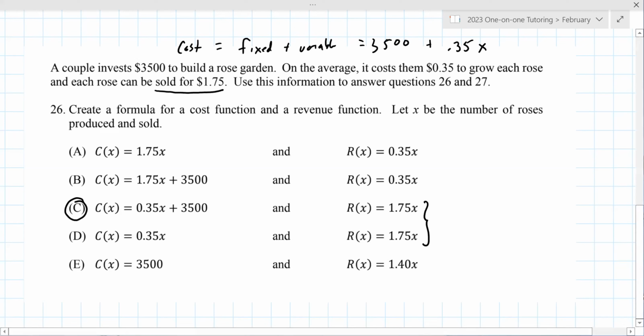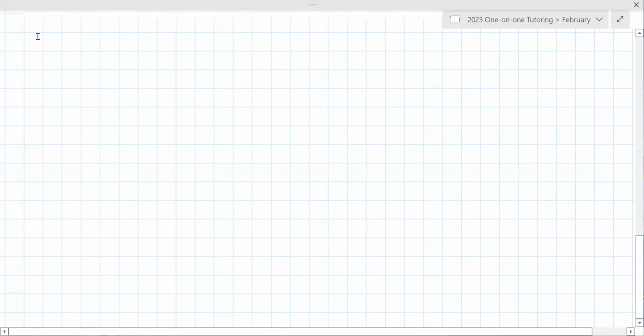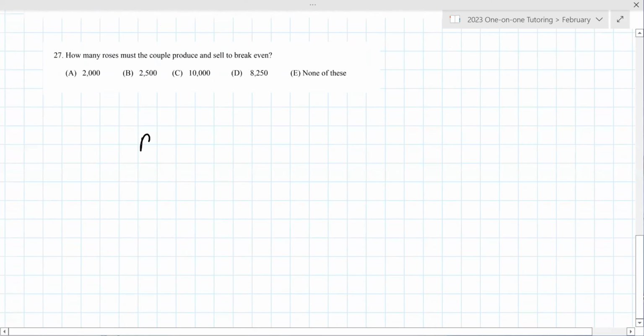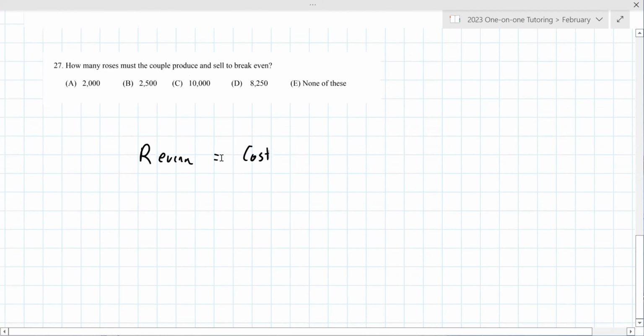Okay. And then I guess we'll finish off 27 too. 27, yep. Okay. So this idea of break even, if you're in business, you understand this. Your break even is when your revenue equals cost. So you're setting those two equations you just found equal to each other.